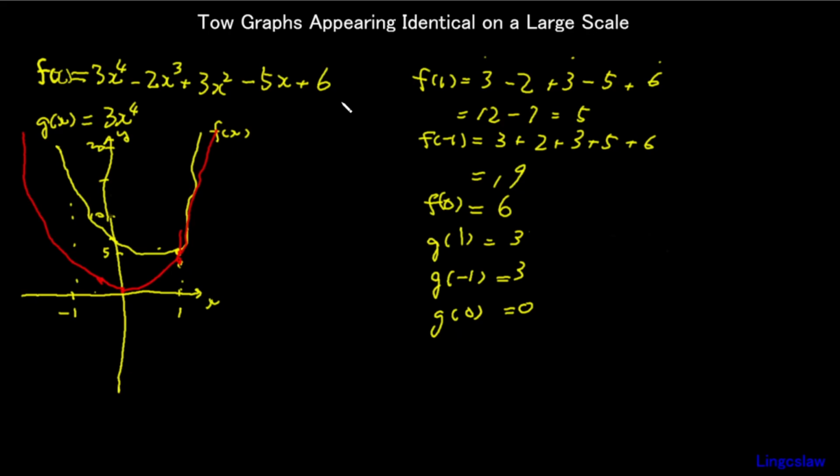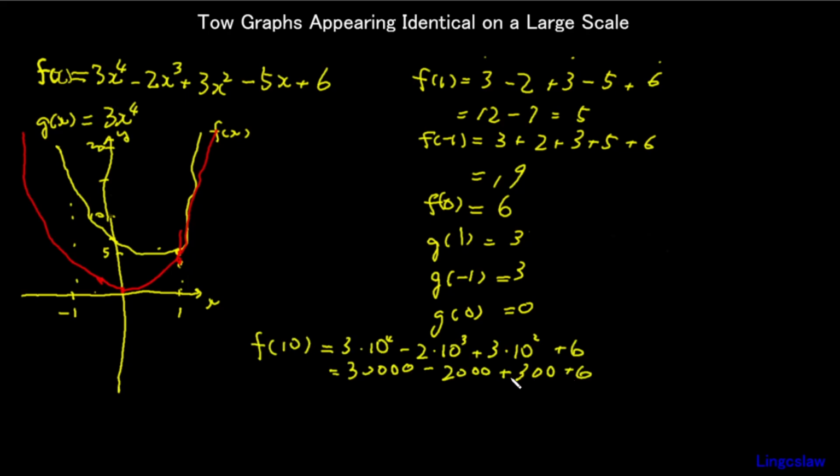However, they will be virtually identical for the absolute value of x very large. Let me show you. f of 10 equals... Okay, I'm not going to calculate this one, but it is something like this. g of 10 equals... So these are a bit different.